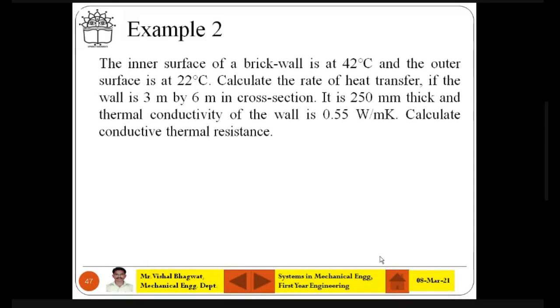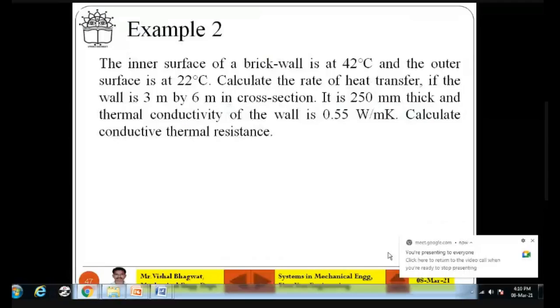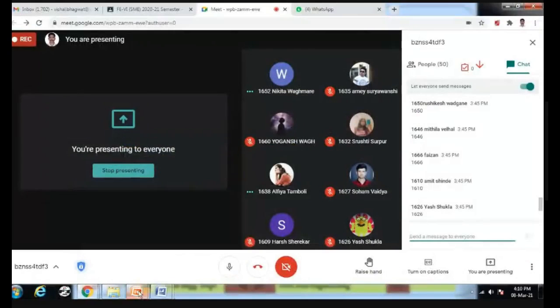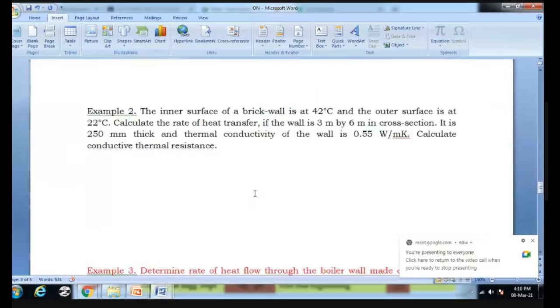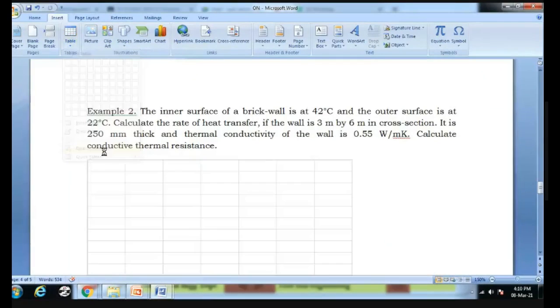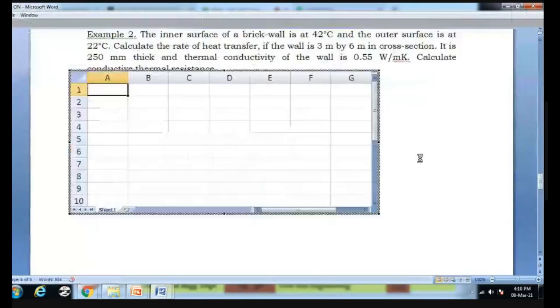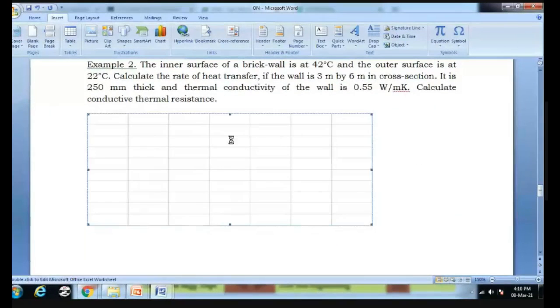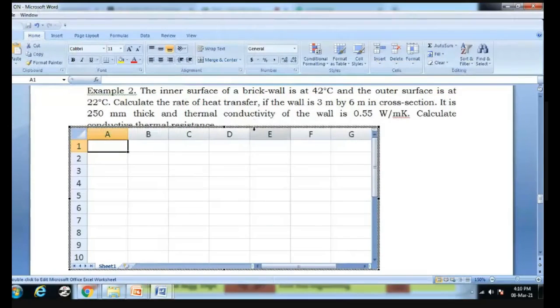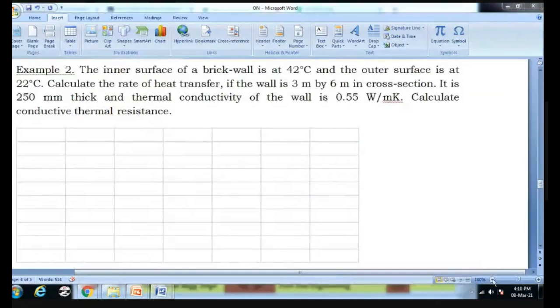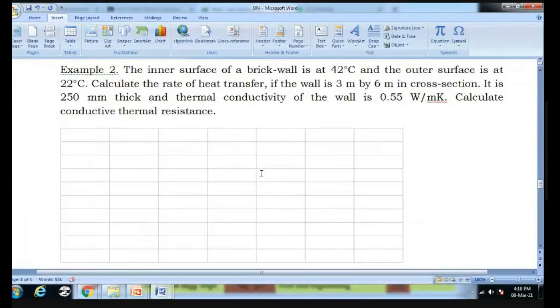Okay. So again, we'll go back to our Excel. Yes. So this is the problem. So what is asked here is, is it visible to you? Wait. Okay.